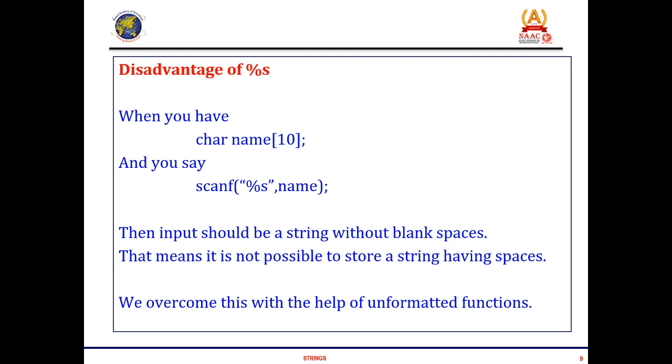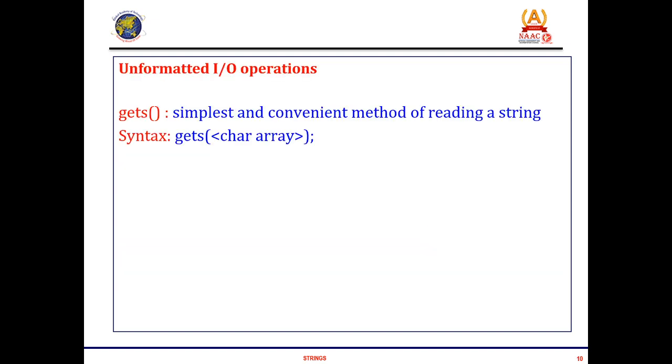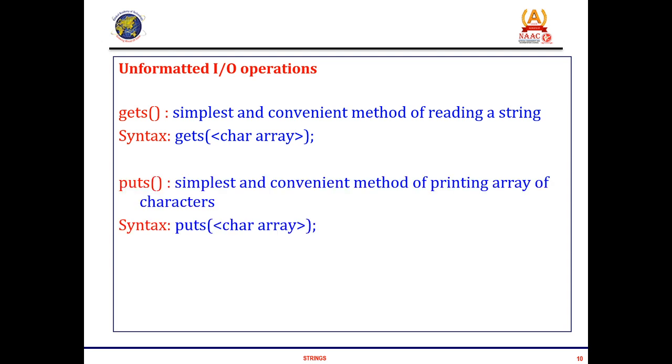Now let us see how unformatted I/O operations take place in C. We have these two I/O operations which are called unformatted I/O operations. The first one is gets, which is the simplest and most convenient method of reading a string. The simple syntax is gets followed by a character array.